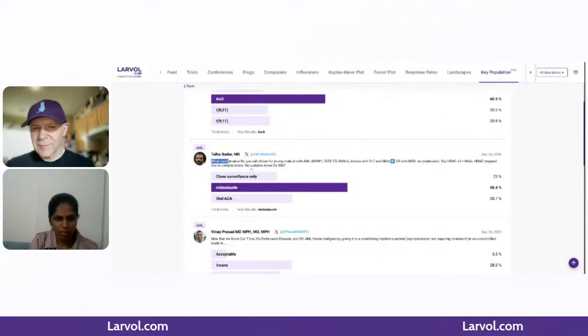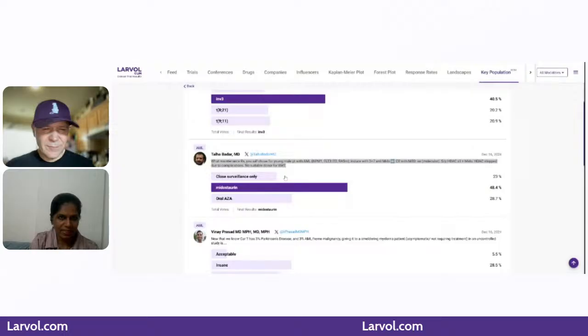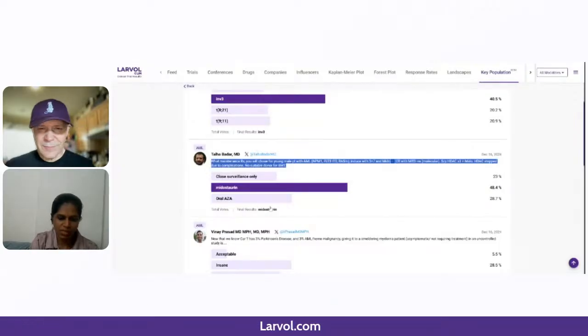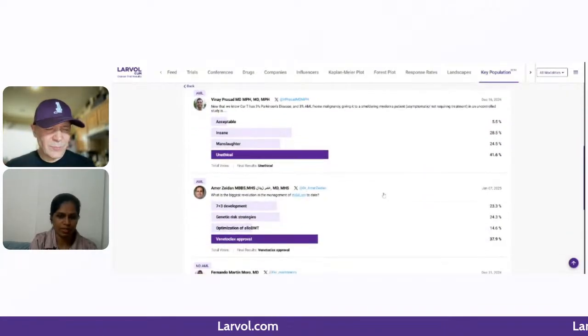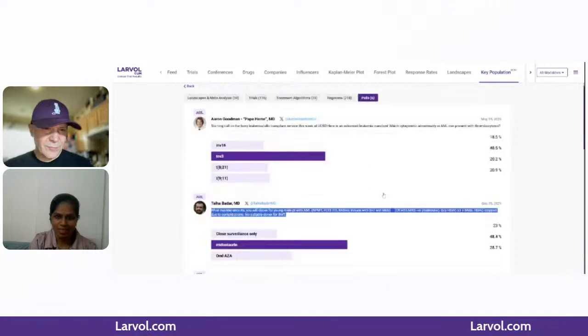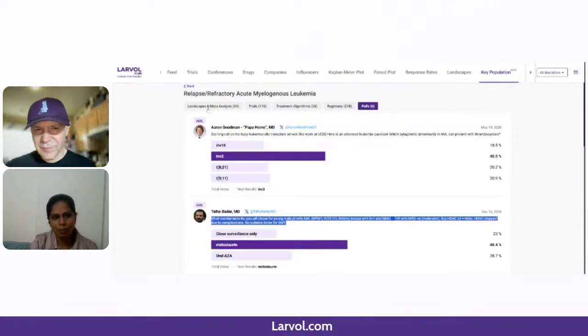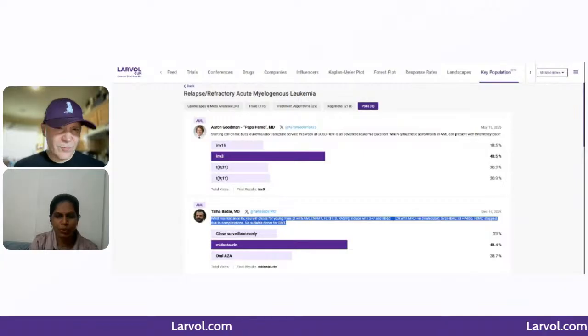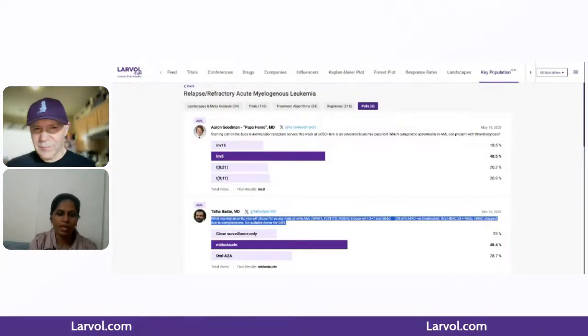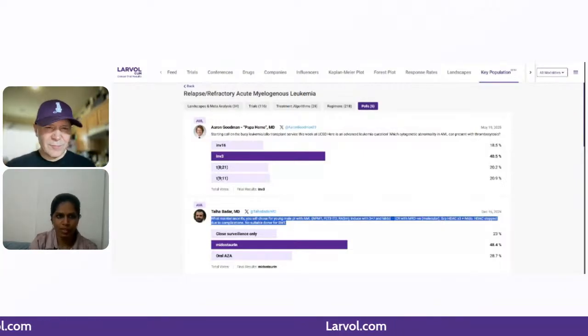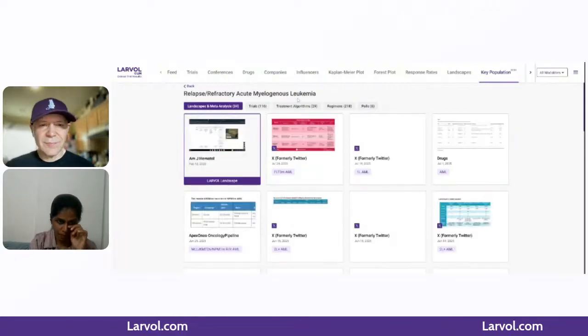And you can see what the poll is, what the result is, and how many votes there are. It's missing, but it would be added soon. And what is the final result? The percentage of each poll is also mentioned over here. So again, I'm repeating, this is the reason why we are calling this a 360 page of the population. You can explore n number of things. Whatever is relevant for that specific population, you can see it over here.